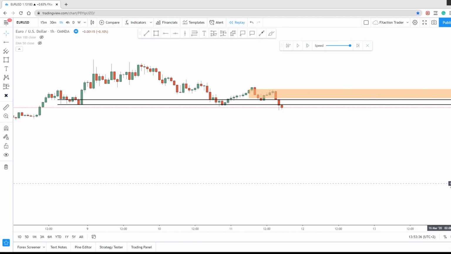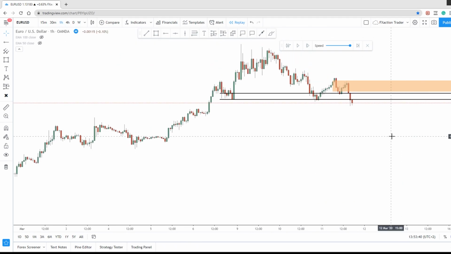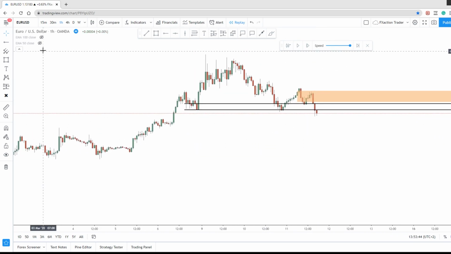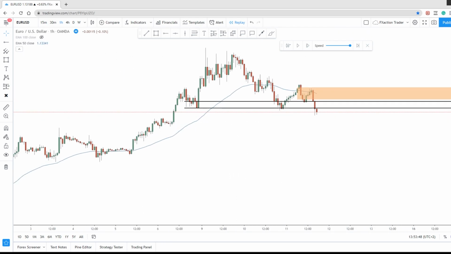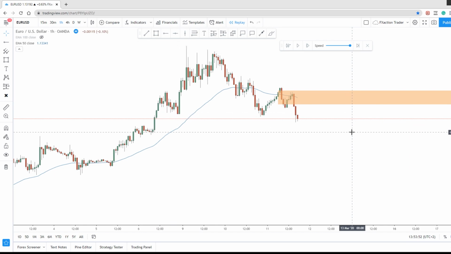So if we go to the H1, we can use either price action or even chart pattern to identify our entry. So let me add in this EMA 50 for this euro dollar. All right, so I'm either looking for a chart pattern or a price action like advanced engulfing pattern, or even a bearish dominant setup in order to step into this market for a sell trade.